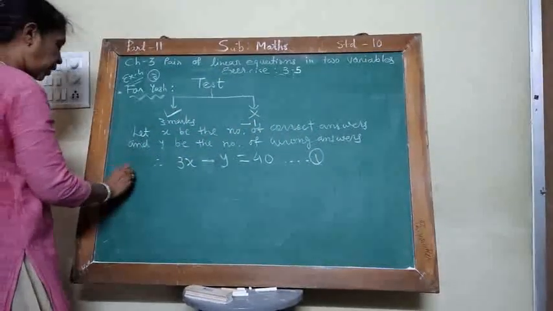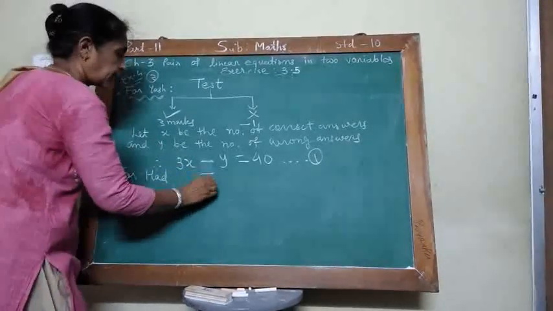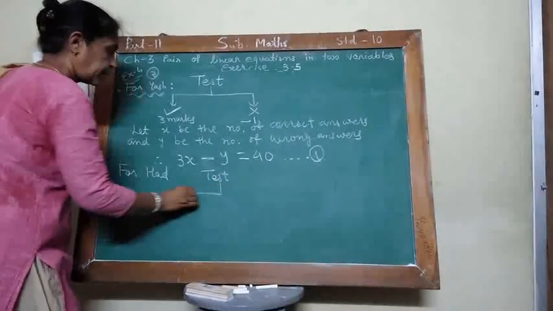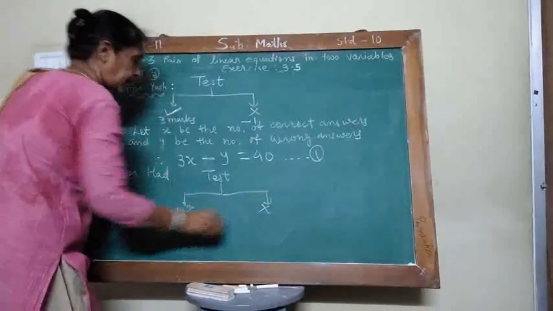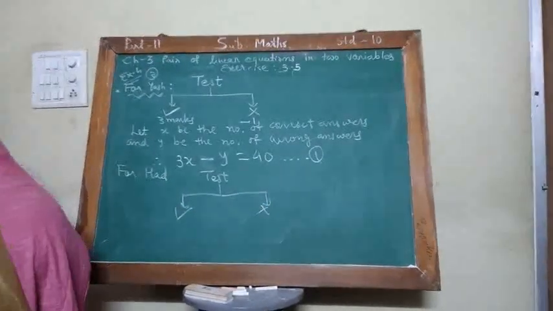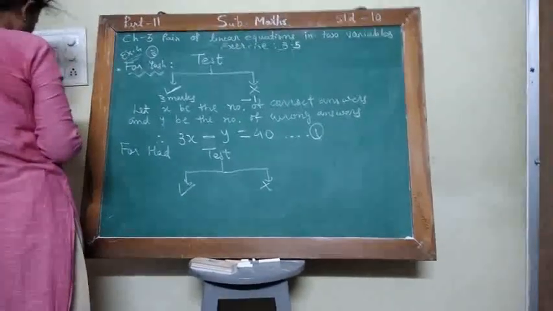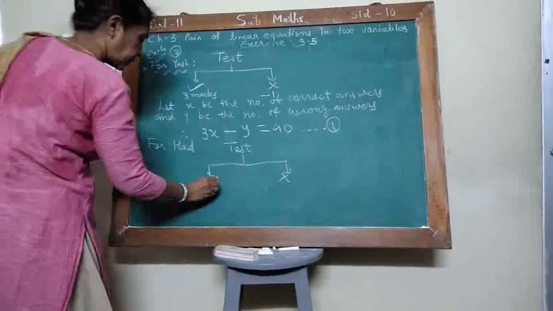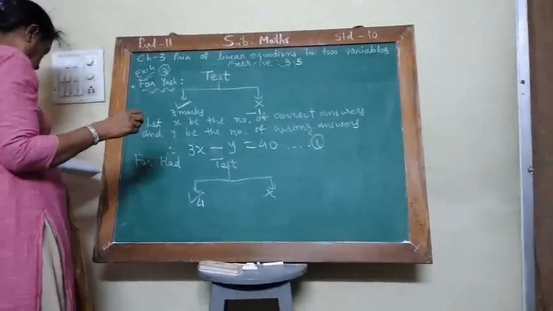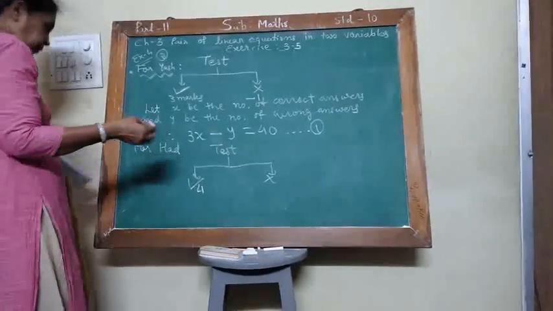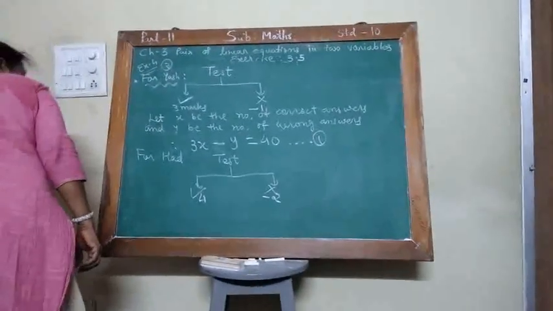Now the second boy is Hud. For Hud there is a test, and they have said that if the answer is right, Hud gets 4 marks for each correct answer, and loses 2 marks, -2, for each wrong answer.